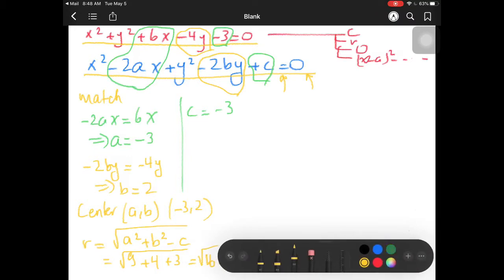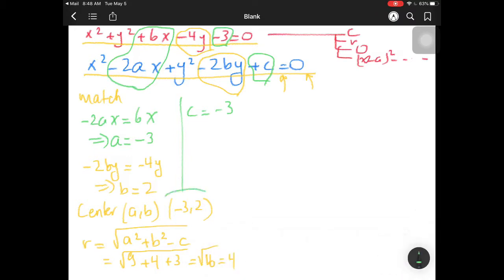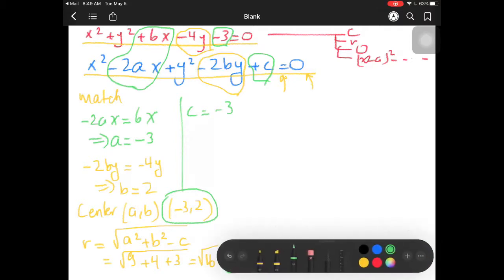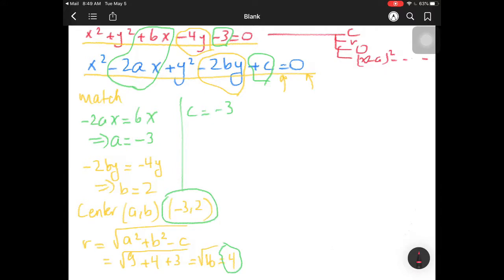So now I found the center, I found the radius. What I can do now is rewrite this given equation, in the general form, in the center-radius form of the equation of a circle.